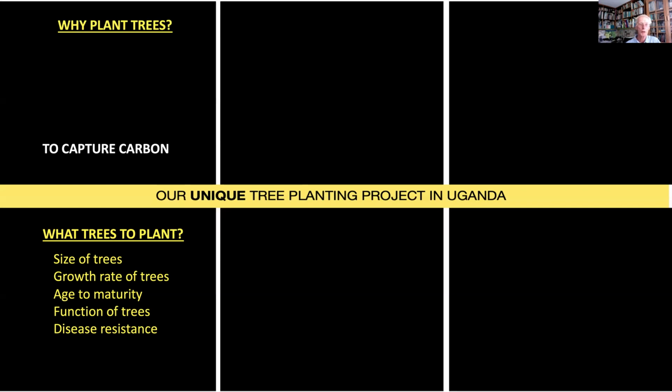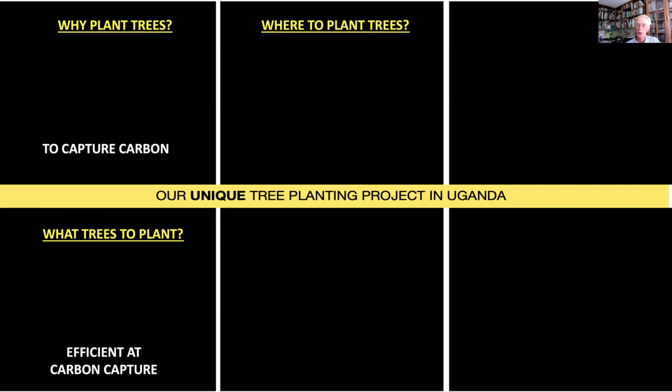The function of trees varies, as we've seen. Some trees are fruit trees. Other trees, for example, may provide soil stability. Also, disease resistance varies between trees. Some trees rot fairly easily, and some trees are very resistant to rotting. So what trees to plant? Well, clearly we need to plant trees which are efficient at carbon capture.